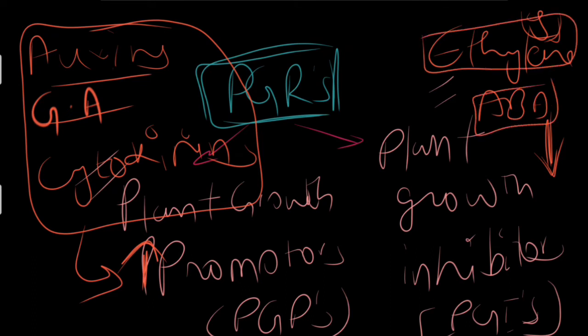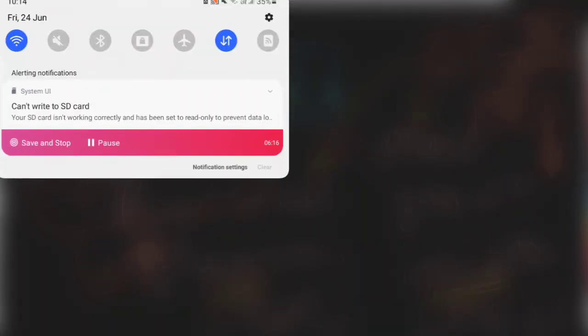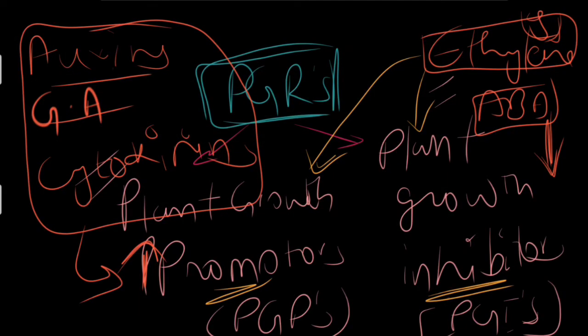Actually, ethylene has both plant growth promotion and plant growth inhibition activity. It is involved in both. But its plant growth inhibition activities are more when compared to its promotion activities. Okay, these are the PGRs.